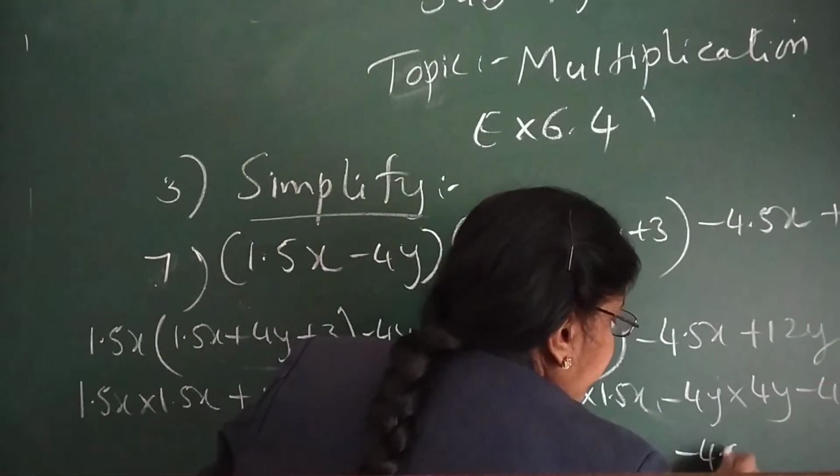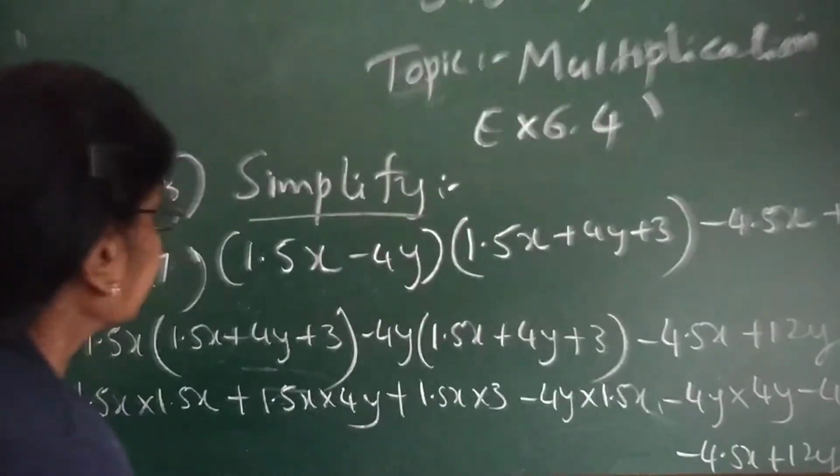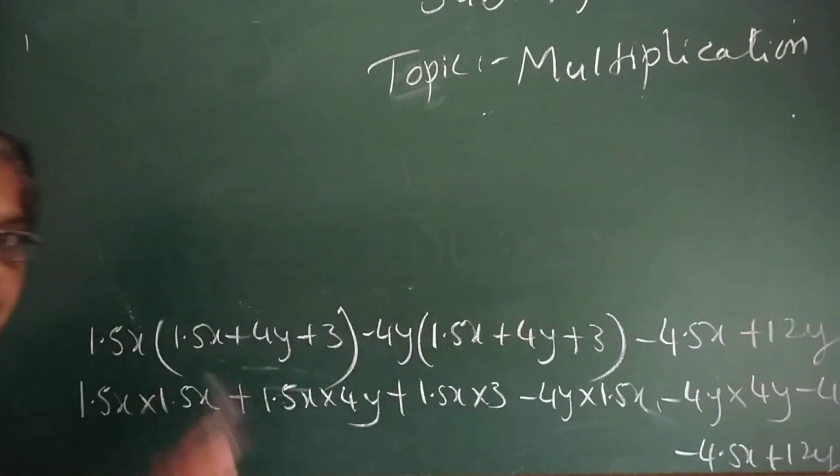Minus 4.5x plus 12y will remain as it is. Now what shall we do? How to do it further?